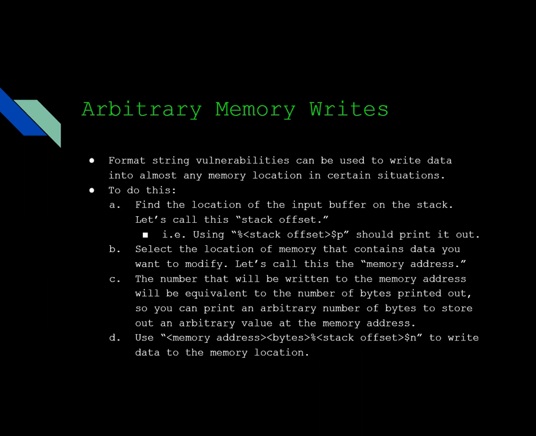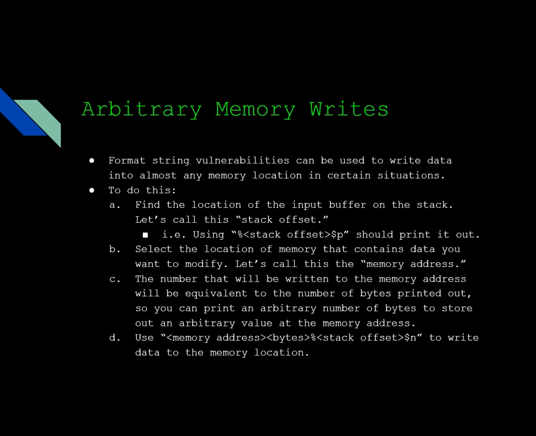You should be able to print out the string that you typed in, and you should be able to see it on the stack. If the input buffer is on the heap, that is, if the programmer used something like malloc to initialize the input buffer, then you will not be able to do this arbitrary memory write technique here.